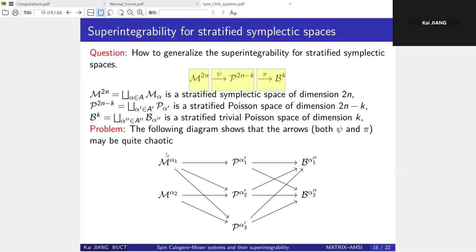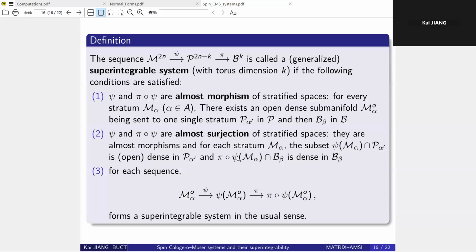So in general, this is a diagram to illustrate the stratified symplectic space. You see here, maybe the arrows go everywhere. But this is a definition to show what superintegrability is in a stratified space.